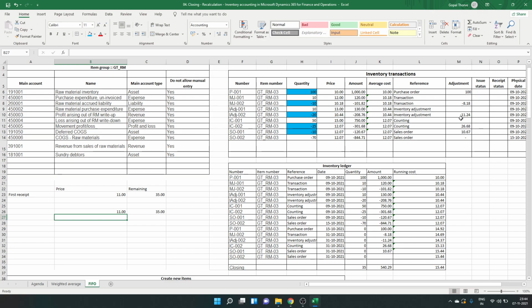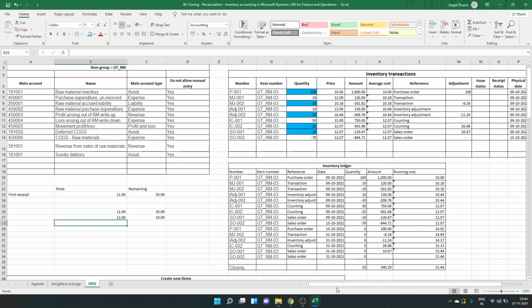Okay, then after this 100 quantity we have the receipt transaction of 10 quantity at the rate of 12. Okay, so next 10 quantity will be settled at the rate of 12.